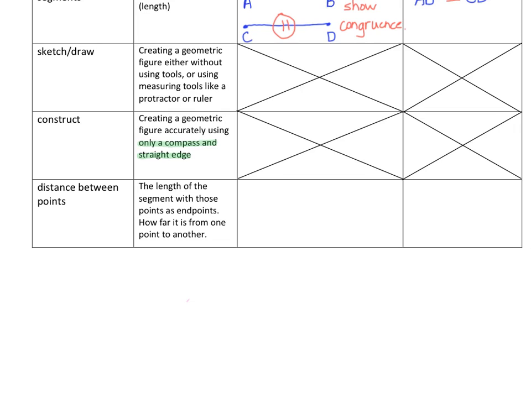All right, our last term for today is distance between points. That's how far it is from one point to another. Distance means the length of the segment with given endpoints, or as I just said, how far it is from one point to another.